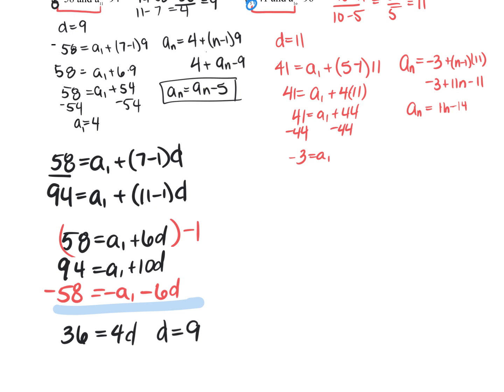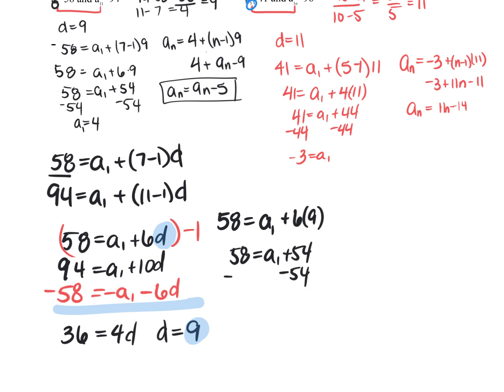Then you're back up where we started. 58 equals A1 plus, I'll just use 6 times 9 here. Then I get 58 equals A1 plus 54.